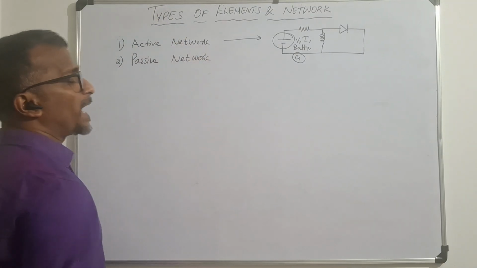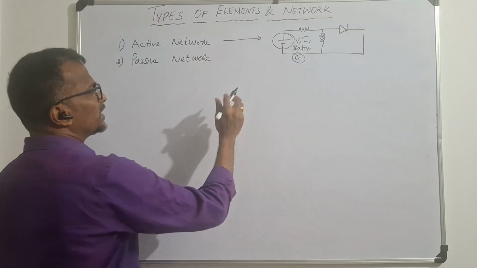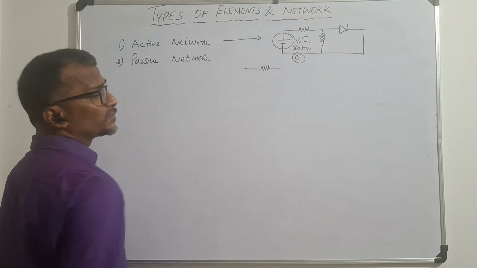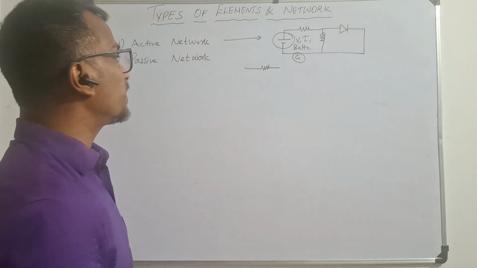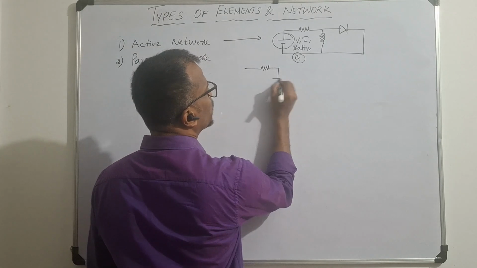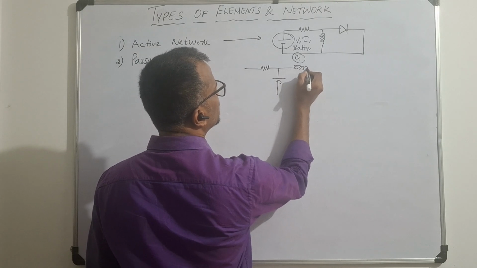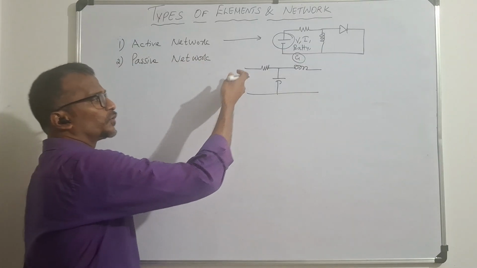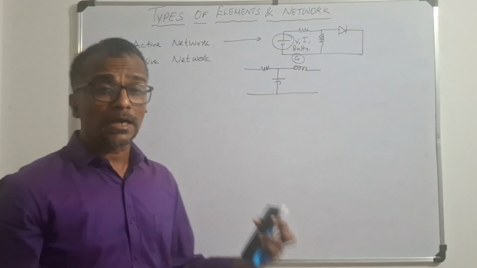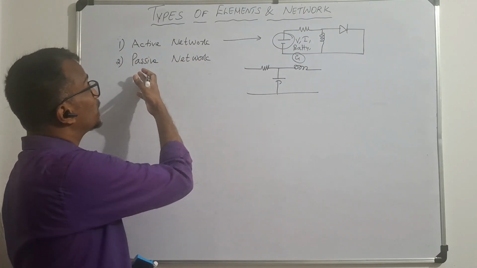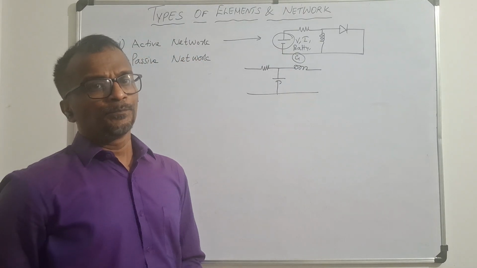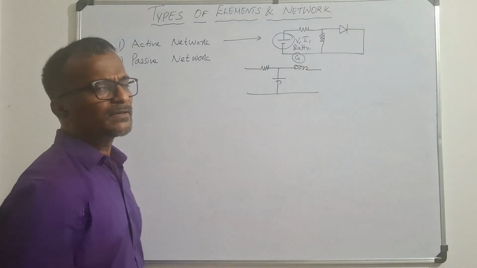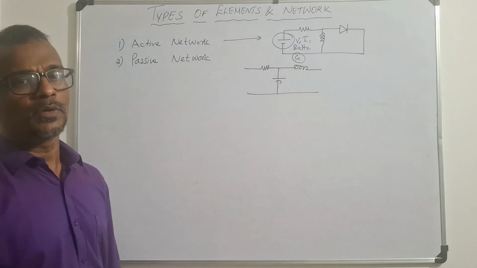Then what is meant by passive network? The circuit will not have any voltage source or current source or batteries or generator. Instead, it has only passive elements, maybe resistance, inductance, like that. There is no voltage source, no generator, no current source. That's why it is called the passive network.